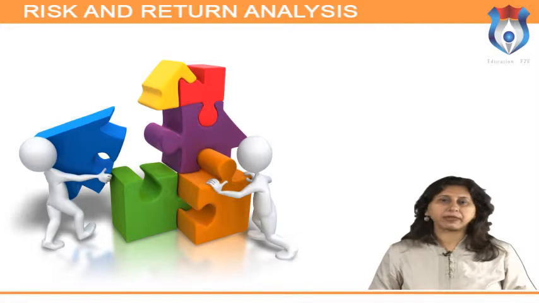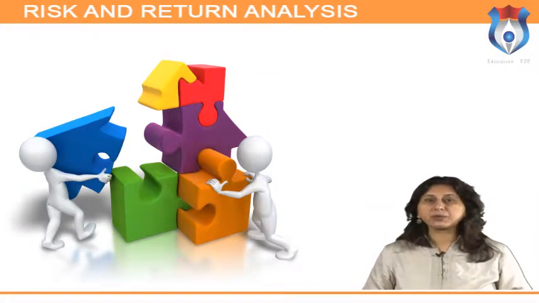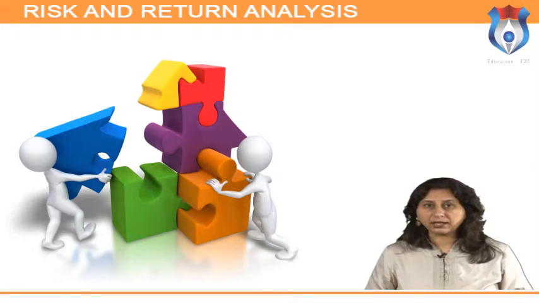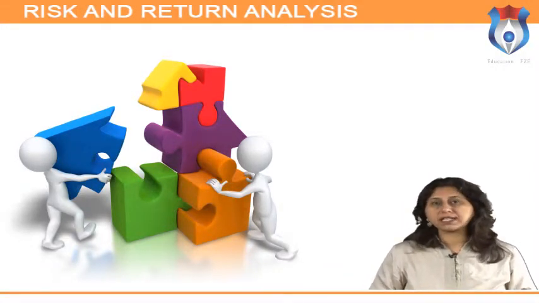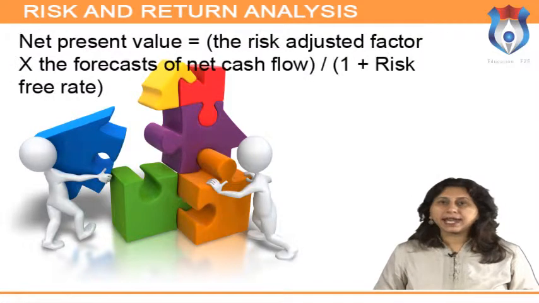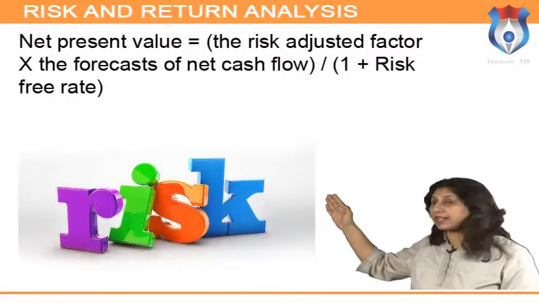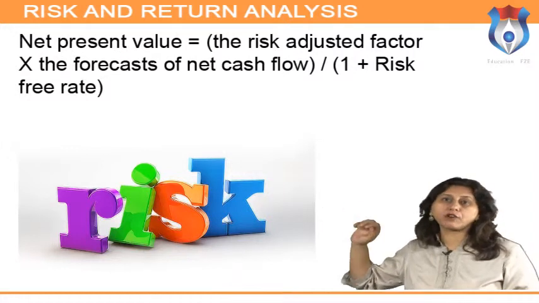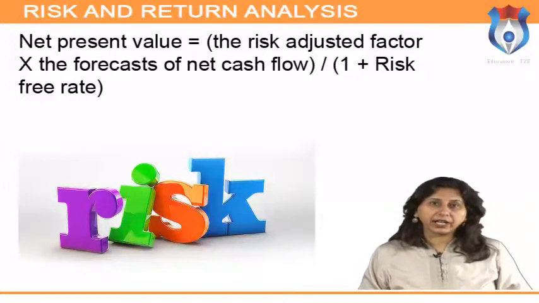Certainty equivalent method. Yet another common procedure for dealing with risk in capital budgeting is to reduce the forecasts of cash flows to some conservative levels. The certainty equivalent approach may be expressed as net present value is equal to the risk adjusted factor times the forecast of net cash flows upon 1 plus risk free rate.